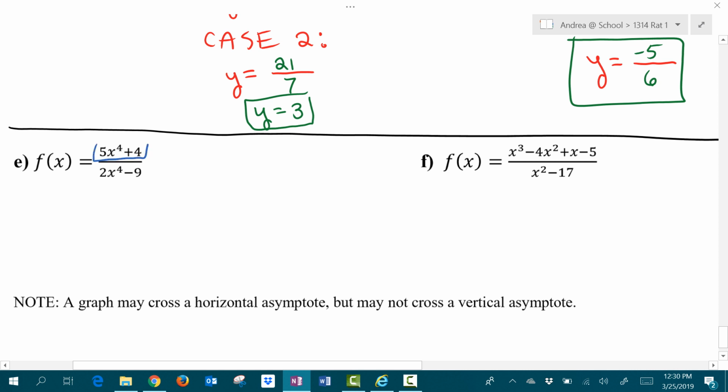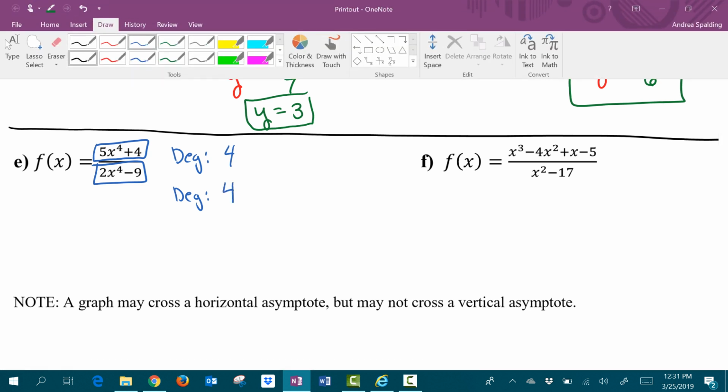In part E, we are looking for the degree of the numerator and the degree of the denominator. The degree of the numerator is 4. The degree of the denominator is 4.